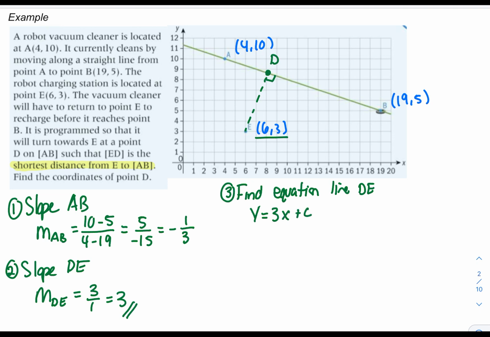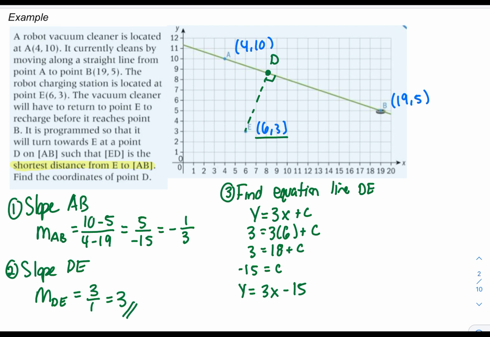And then in order to find c, I'm going to replace x and y by the coordinate of E. So we're going to have 3 is equal to 3 times 6 plus c. 3 is equal to 18 plus c. We're going to subtract 18 on both sides, and we're left with negative 15 is equal to c. So y is going to be equal to 3x minus 15.